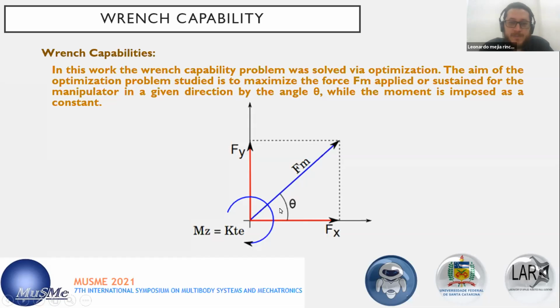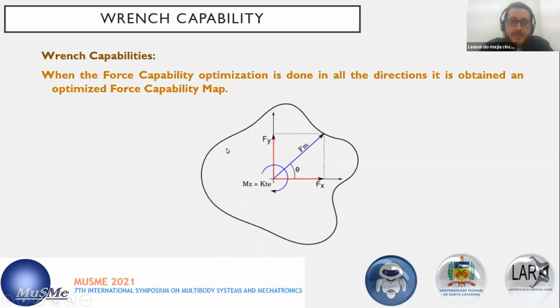So as you can see, this angle theta can vary, and evaluating all the possible directions of the angle, you can finally obtain a polar representation that we can call, in this case, the force capability map. This is actually not a real force capability map, but it's just in order to represent the idea.